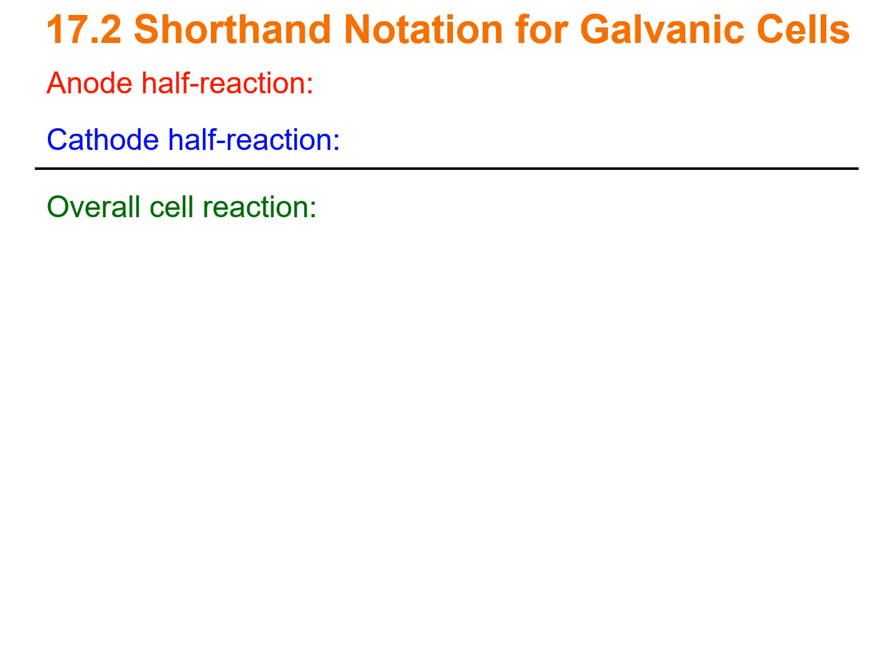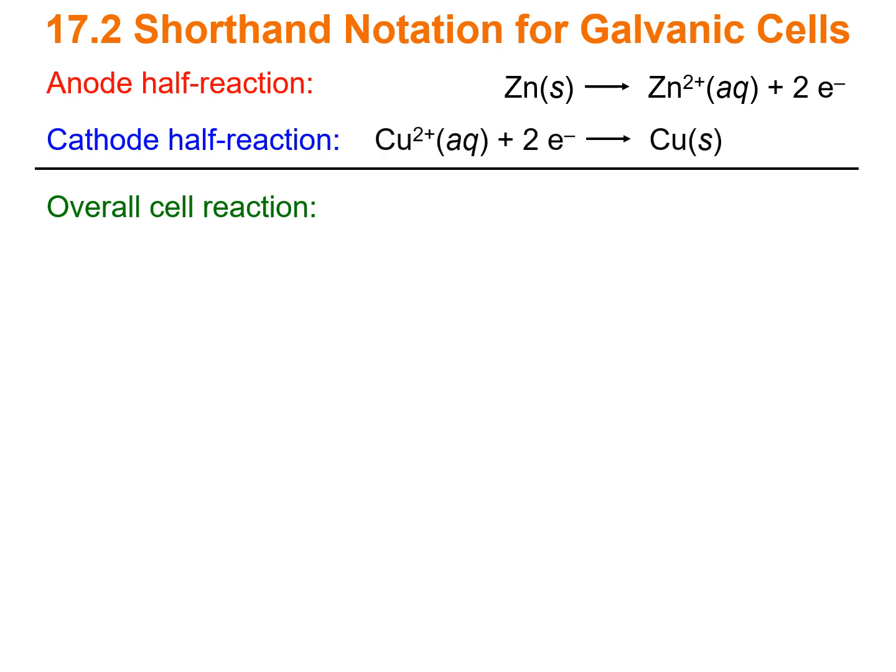So it's often nice to have some shorthand that can communicate a lot about that galvanic cell in a sort of condensed form. If we take this particular reaction of zinc being oxidized and copper being reduced, we look at the overall cell reaction that we have there.